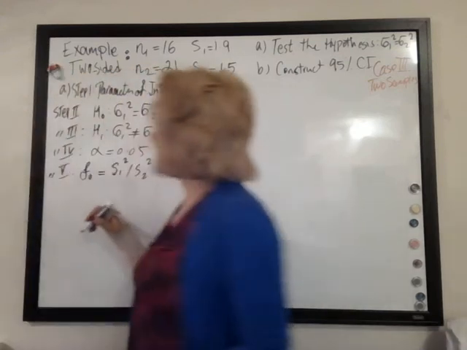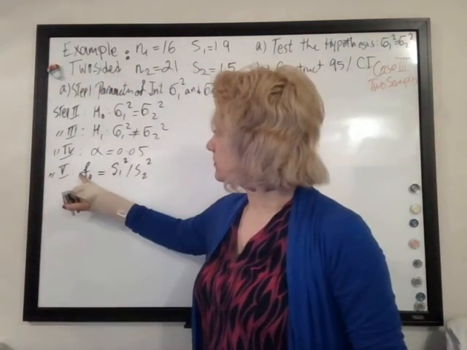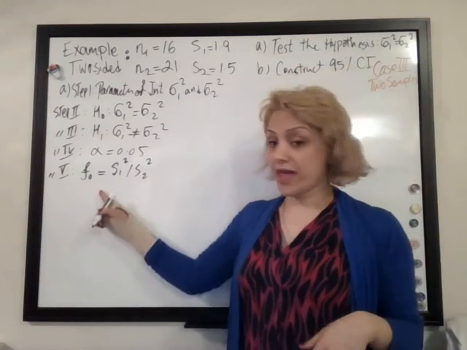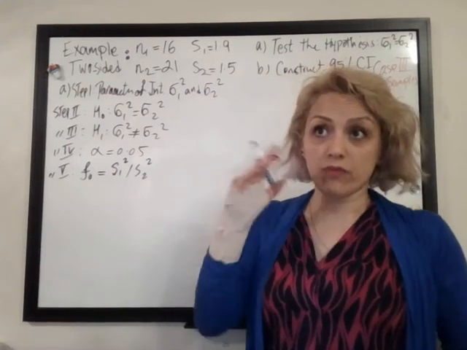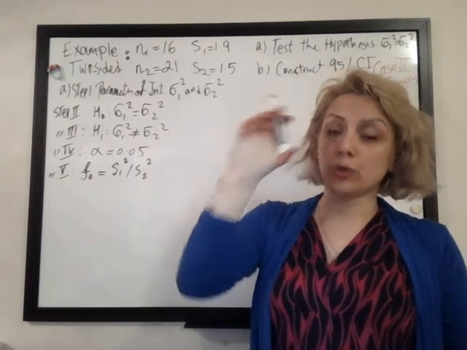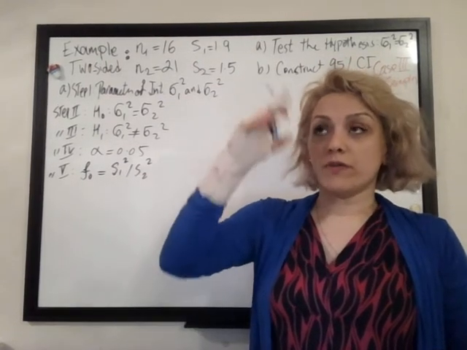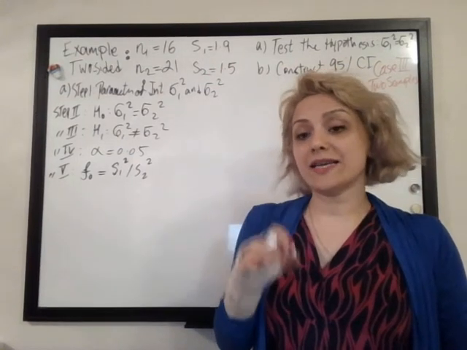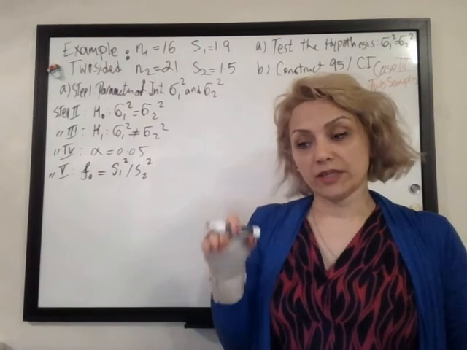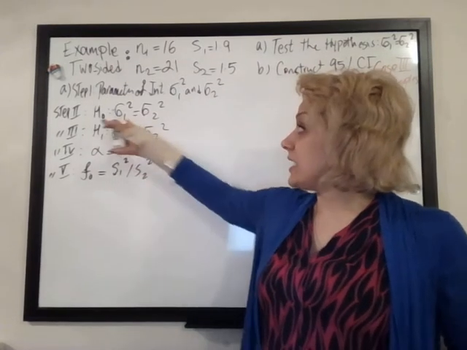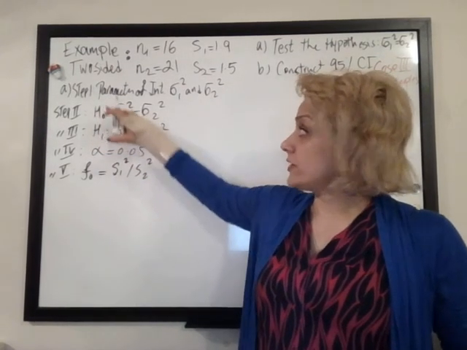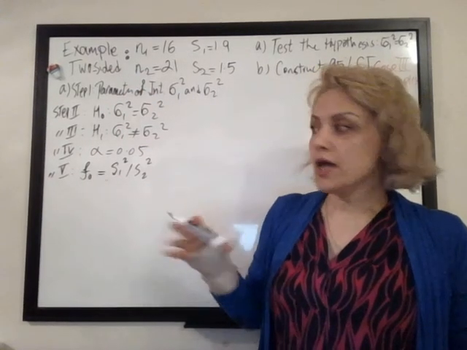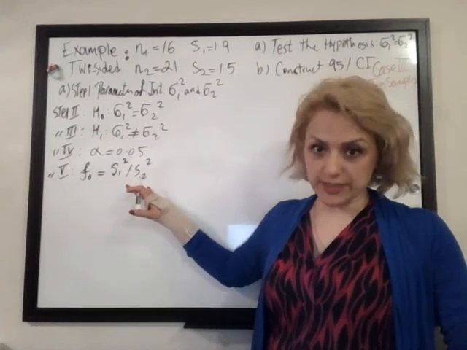The original equation that we have for the test statistic of F had in the numerator S1 power 2 divided by sigma 1 power 2, and in the denominator S2 power 2 divided by sigma 2 power 2. Because in our null hypothesis we said that sigma 1 power 2 is equal to sigma 2 power 2, those are going to be 1. So we would have S1 power 2 divided by S2 power 2.